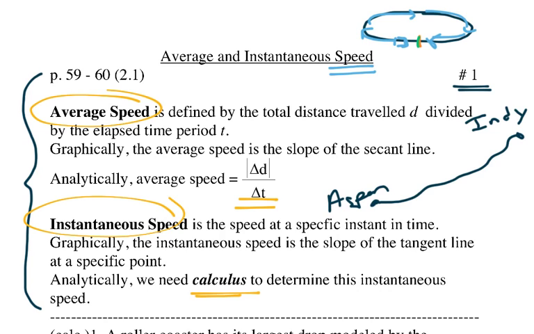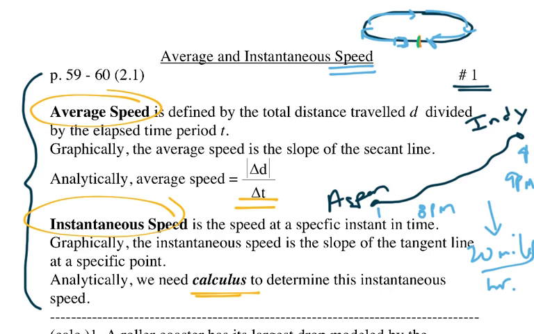Let's say you start at 8 p.m. and you get to the top at 9 p.m. Now that's not very fast. I'm sure you guys have been up Independence Pass and done it a lot faster than that. But let's say Independence Pass is about 20 miles, and it took you 1 hour to get there. Your average speed would be 20 miles per hour.